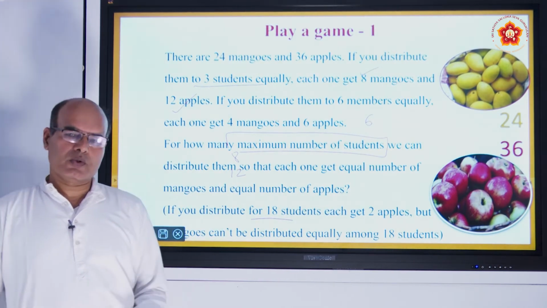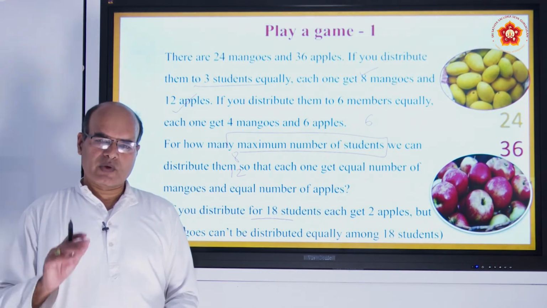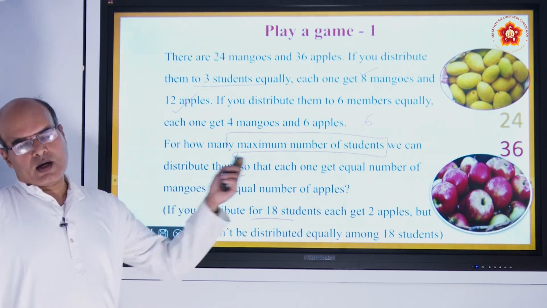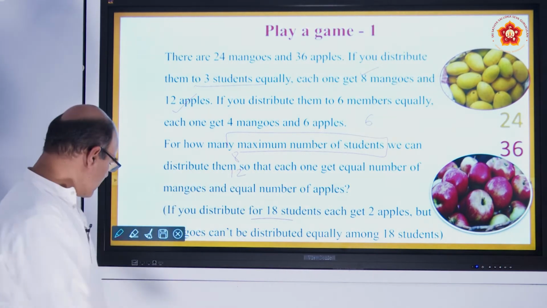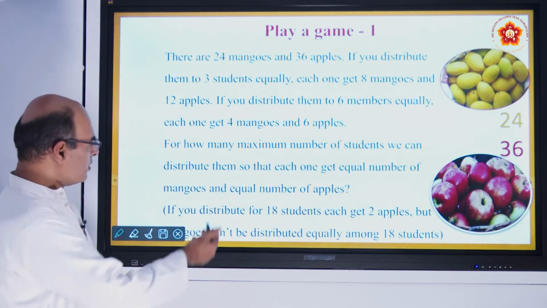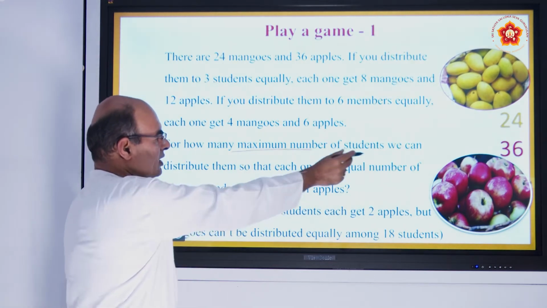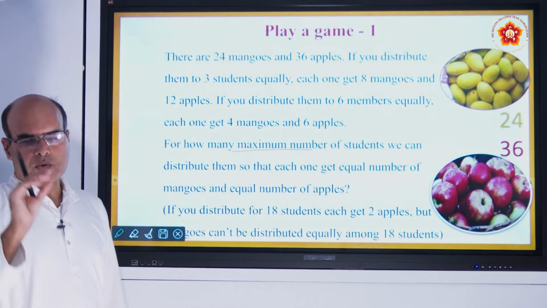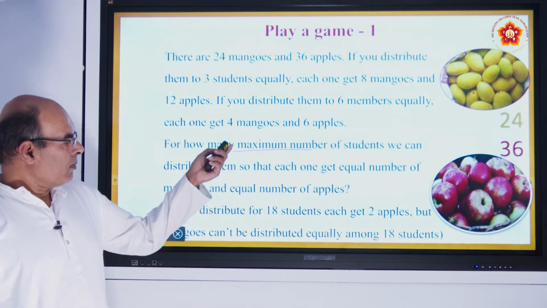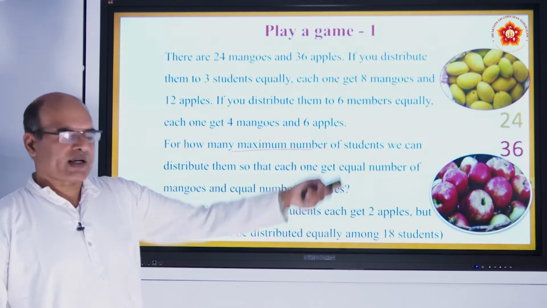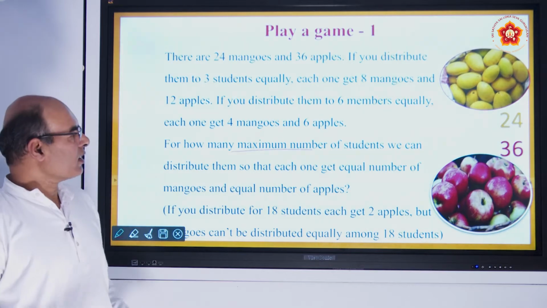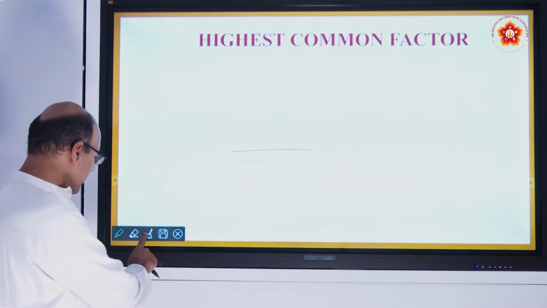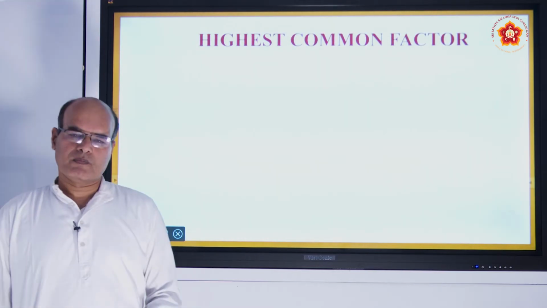So what do we have to do? We have to take the common factors of 24 and 36. Among those, we have to take the maximum number of students. So we have to check which is the maximum among the common factors of 24 and 36. That is called the highest common factor, HCF.